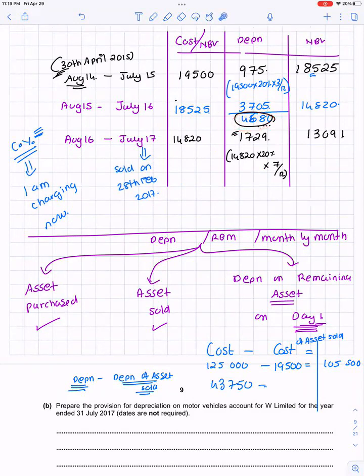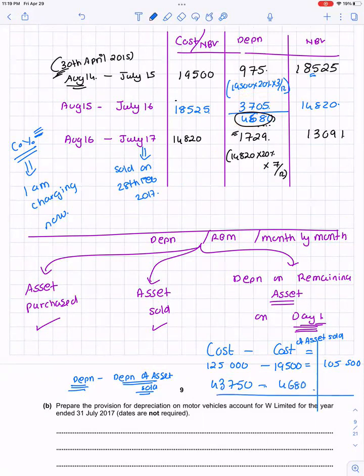How did you get 14,820? It is the net book value. So before day 1, what is the accumulated depreciation of assets sold? 4,680.